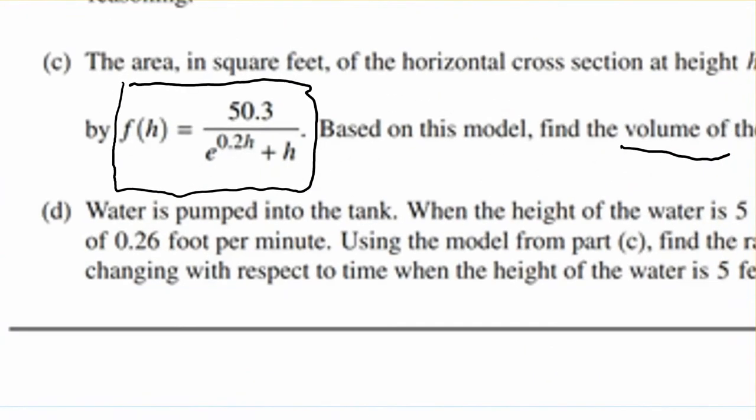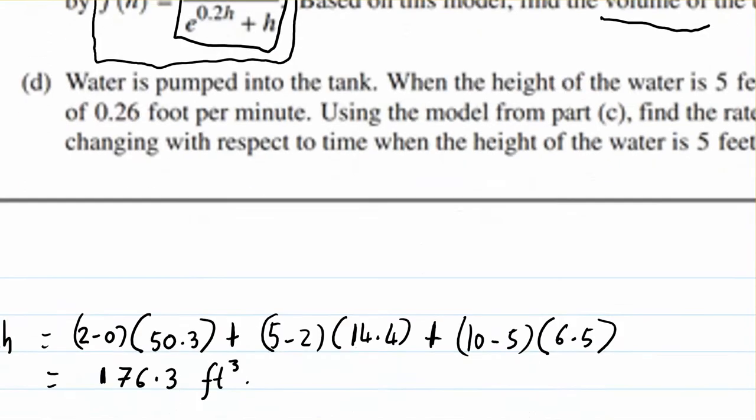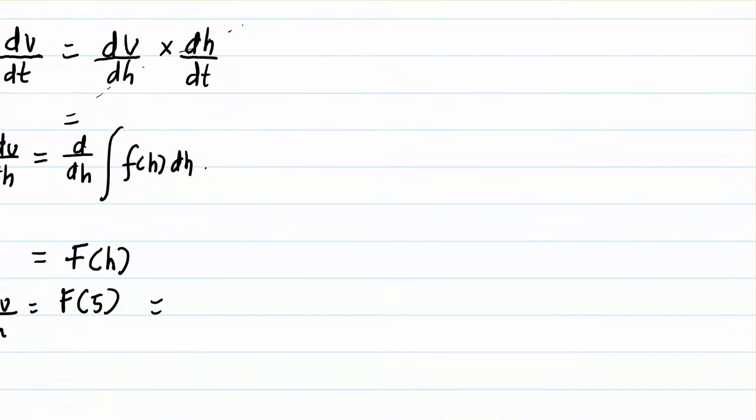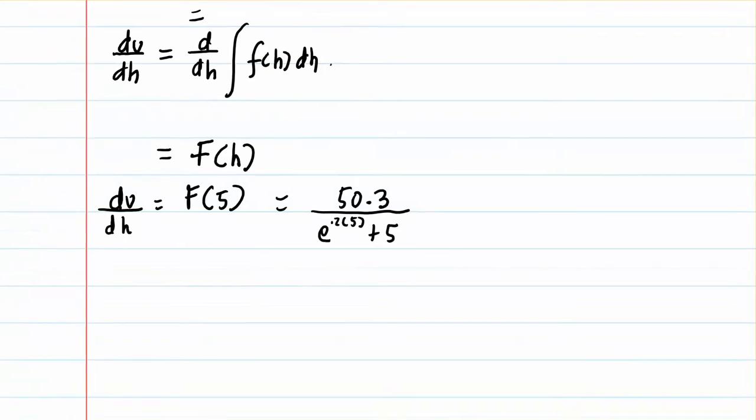So let's pull it up from here. It's 50.3 over e to the 0.2h plus h. So F of 5 is 50.3 over e to the 0.2 times 5 plus 5.